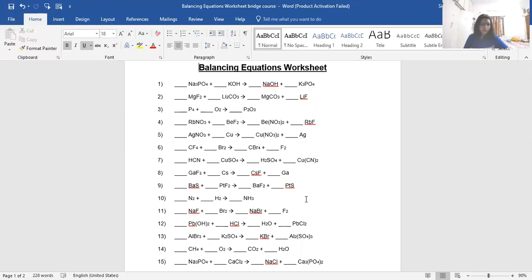Yes, sir, these are the 15 questions. Along with this, suppose if Na3PO4 is there, I want everyone to solve these equations first. Listen carefully how to solve this worksheet.